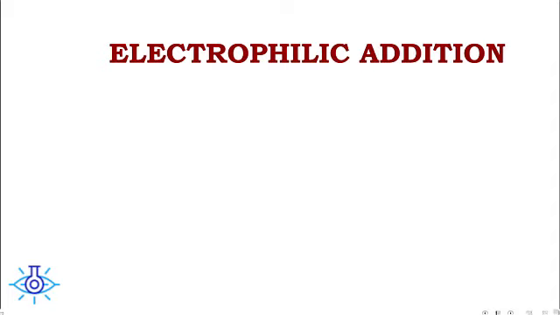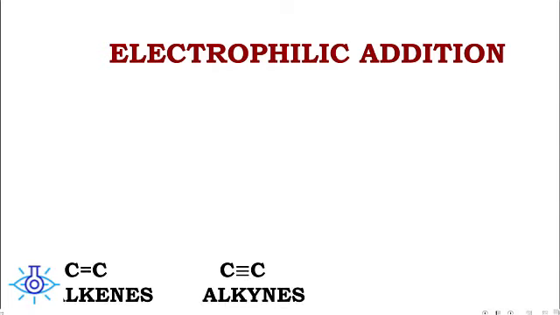What is electrophilic addition? Addition of an electrophile to a double bonded compound like alkene or alkyne is called electrophilic addition. Let us take an example. This is ethylene. CH2 double bond CH2 is ethylene.